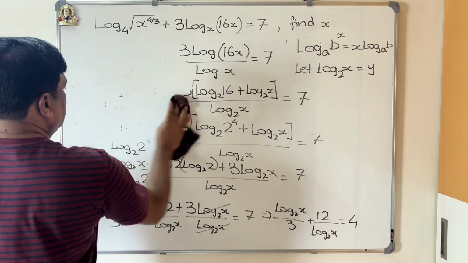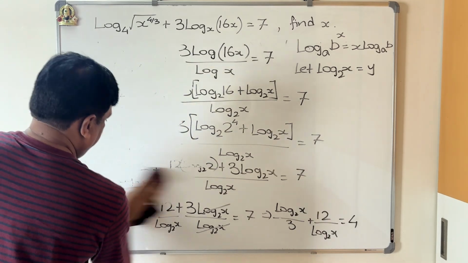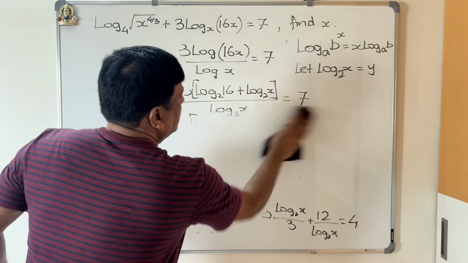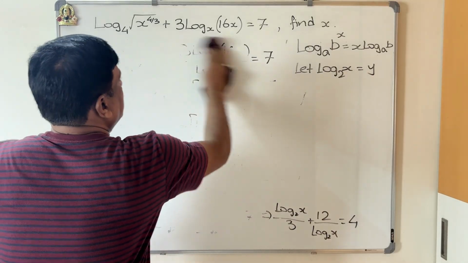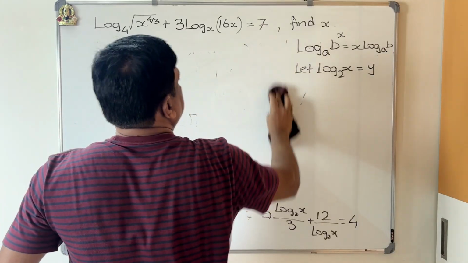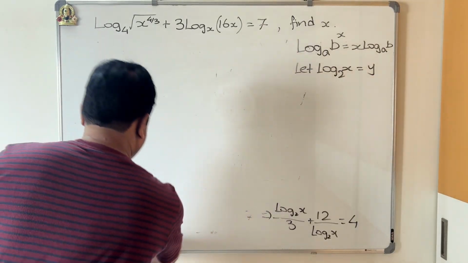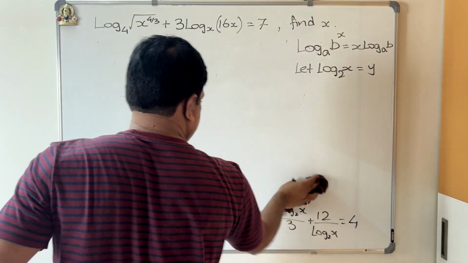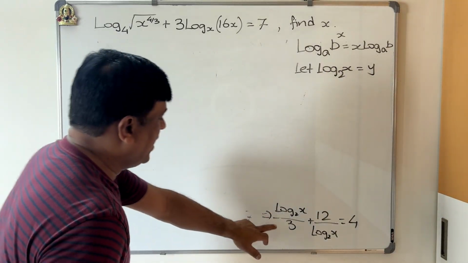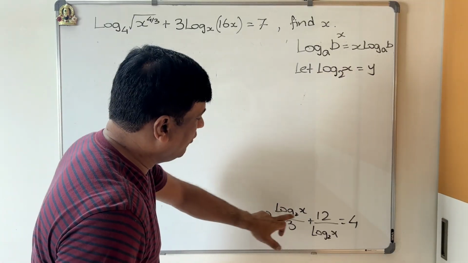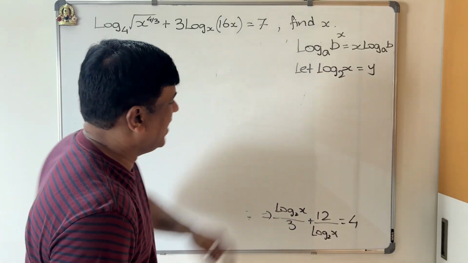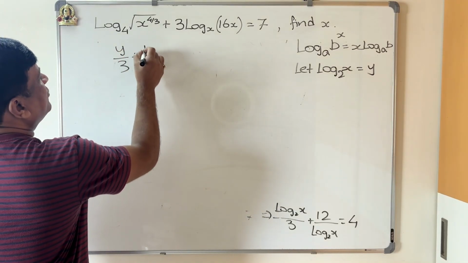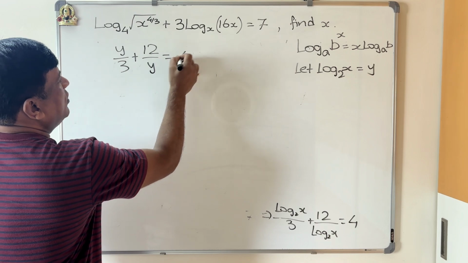Okay, so now we are replacing log of base 2x by y. So what do you get? You get y by 3 plus 12 by y is equal to 4.